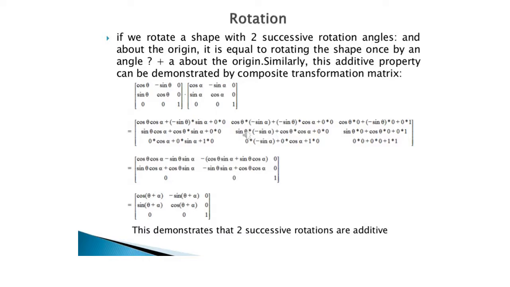After solving these matrices, the output is cos of theta plus a, minus sin of theta plus a, 0; sin of theta plus a, cos of theta plus a, 0; 0, 0, 1. This demonstrates that successive rotations are additive.